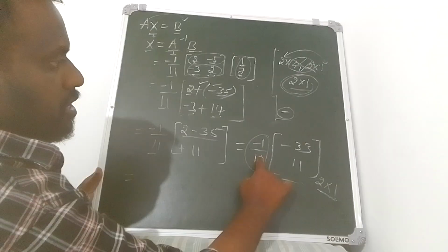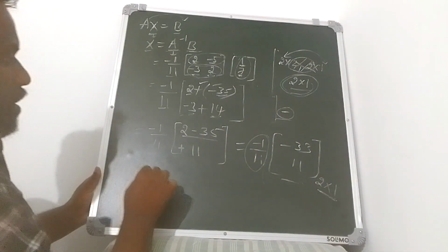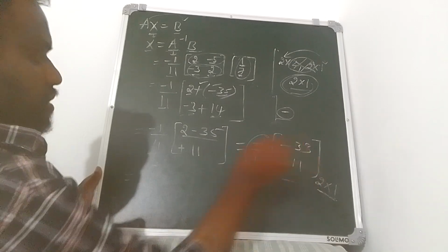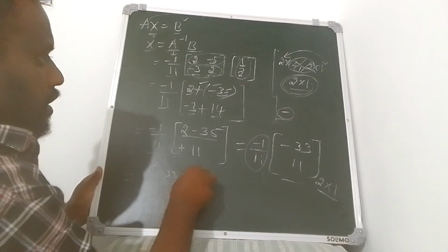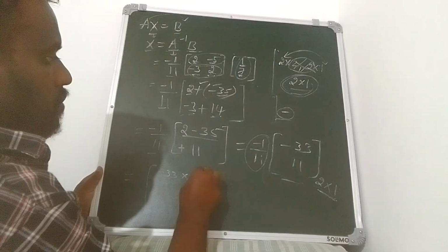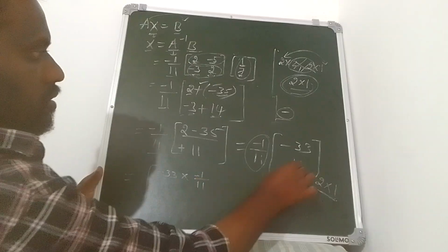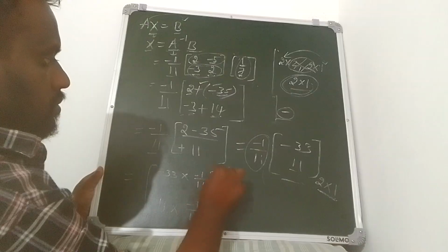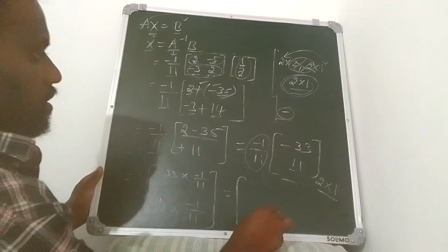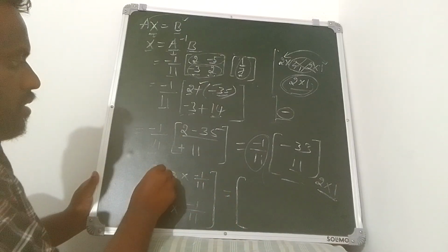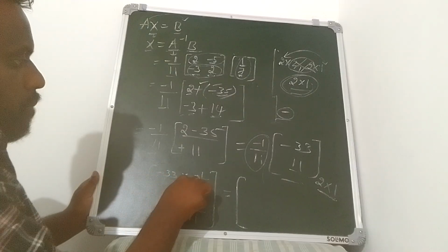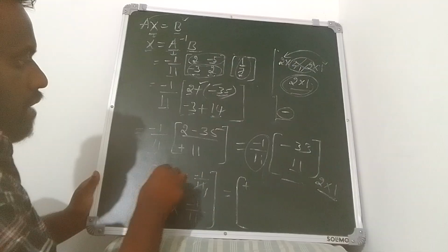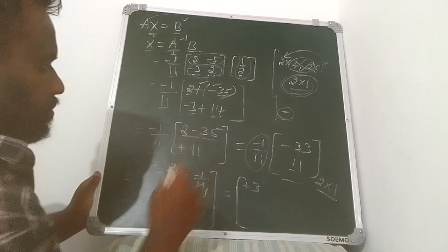Now this is a fraction, right? We have to multiply this fraction with this and this. I will show here. So minus 33 into this minus 1 by 11. Next this 11 into this minus 1 by 11. Now simplification. See, minus into minus we get plus only. 11 ones are 11, 11 threes are 33, so we get 3.